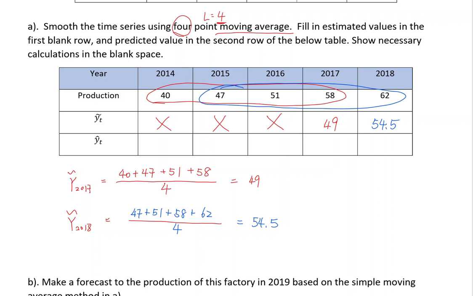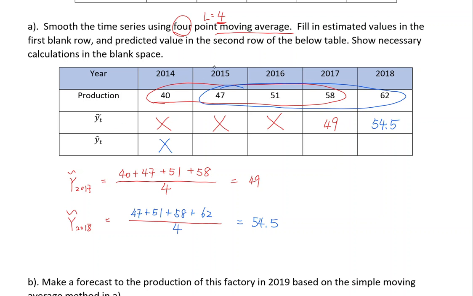All right, so based on the data, we only get the estimated value for 2017 and 2018, right? And then we want to make the prediction, or we also call it the forecasting, based on the estimated value, right? If we want to get the forecasting for 2014, we want to use the estimated value for 2013. Since we don't have that value, not applicable, right?